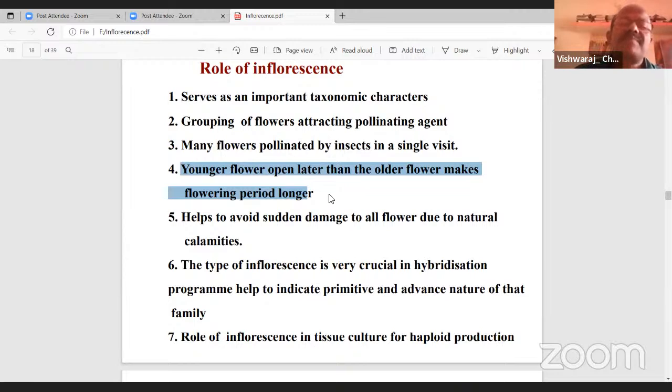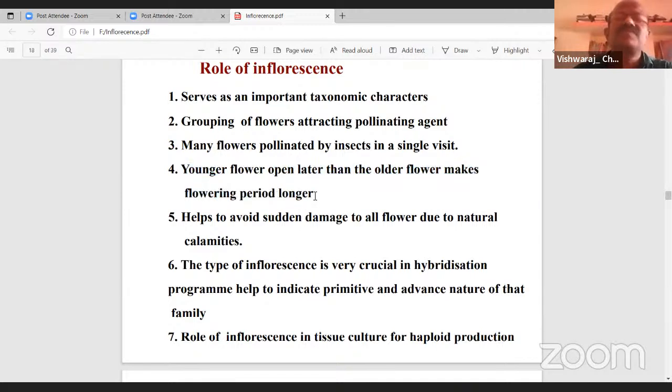In which type of inflorescence do younger flowers open later than older ones? Can anybody tell me which type? We have seen there are three main types of inflorescence. In which type do younger flowers open later than older flowers?